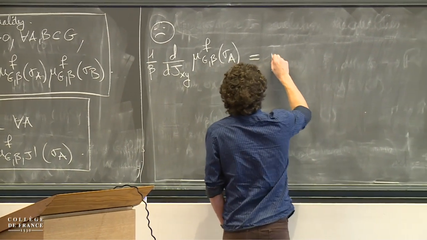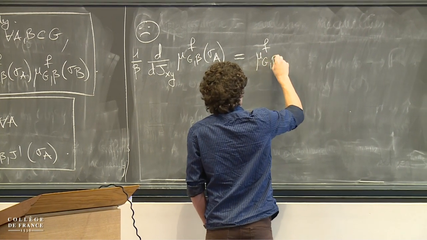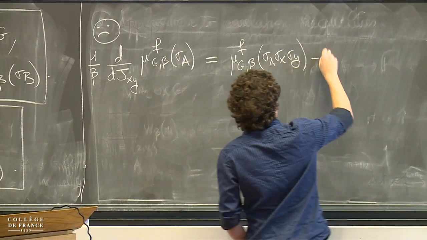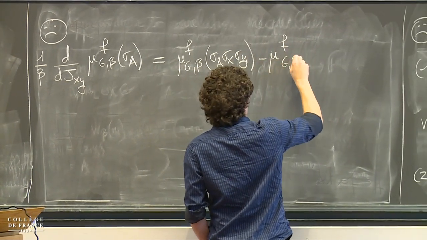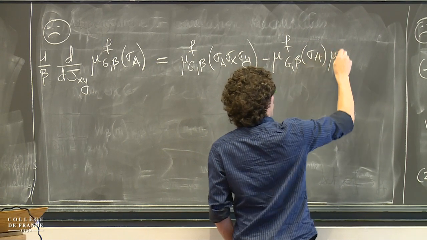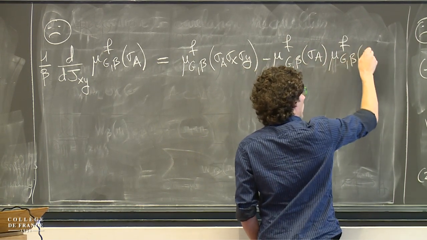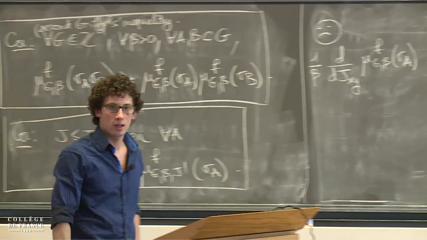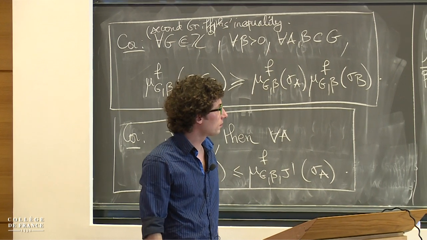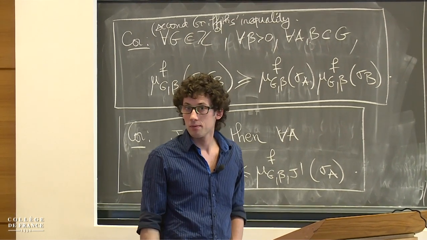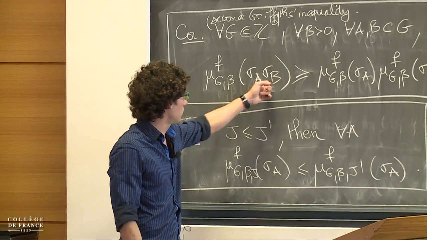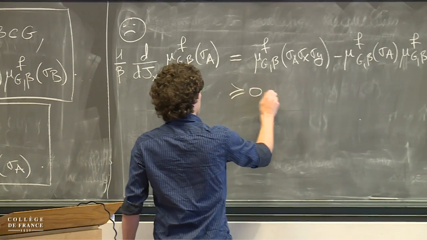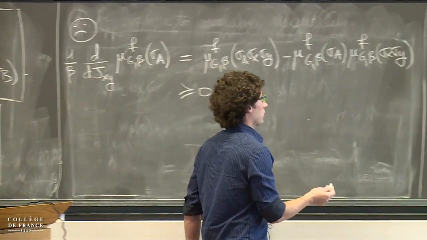And you can just check, it's a completely straightforward computation. You get this product. Elementary differentiation, but this is positive by this inequality. So the second Griffiths inequality tells you that this is positive, so indeed it's increasing in the coupling constants.